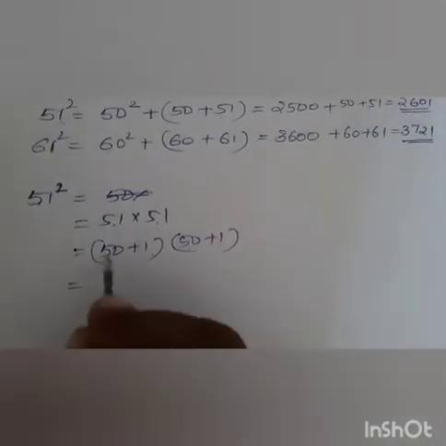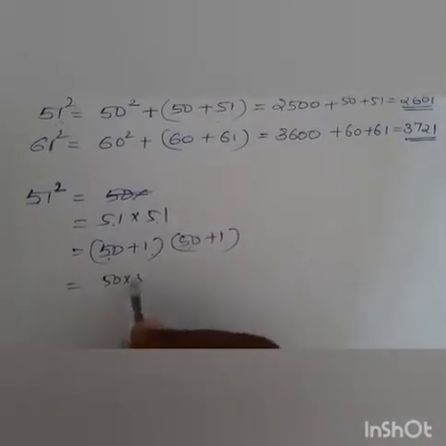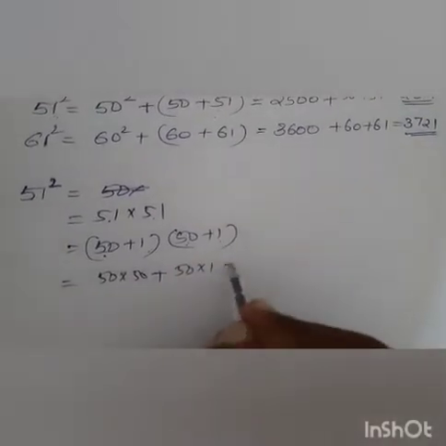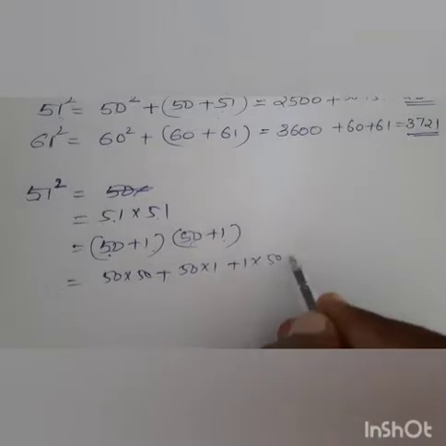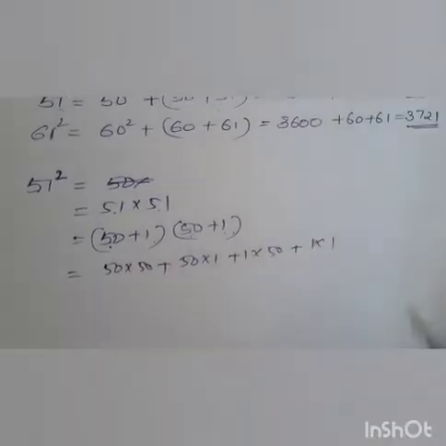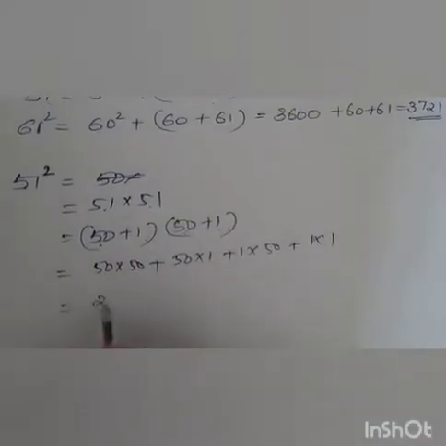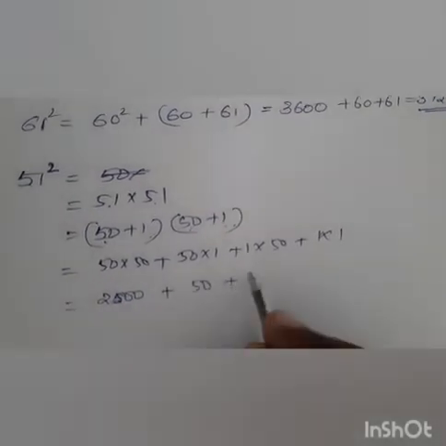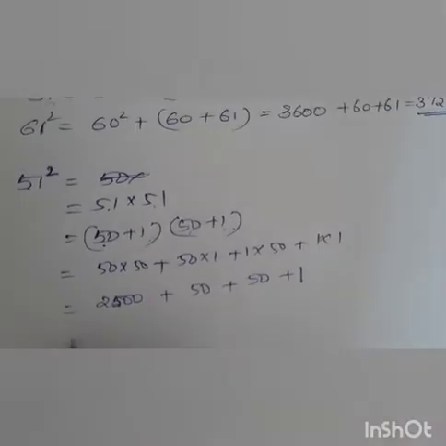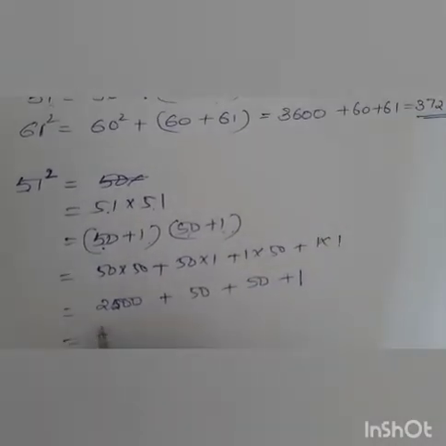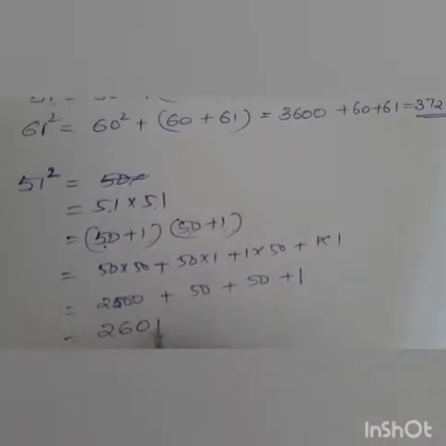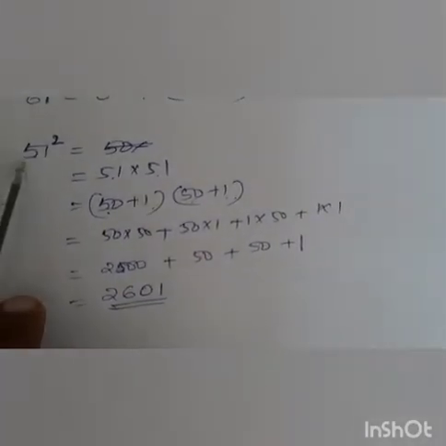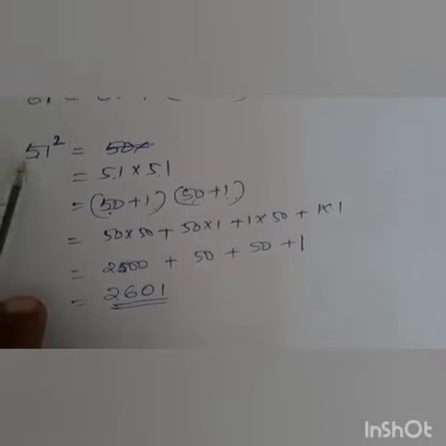If we multiply this, 50 into 50 plus 50 into 1 plus 1 into 50 plus 1 into 1. This is 25, so 2500, plus 50 plus 50 plus 1. So if we add this one we will get the answer as 2601. So this way also we can find the answer of 51 square.